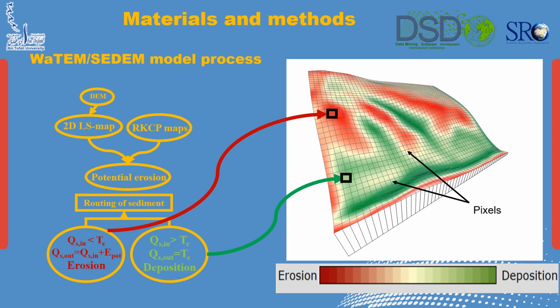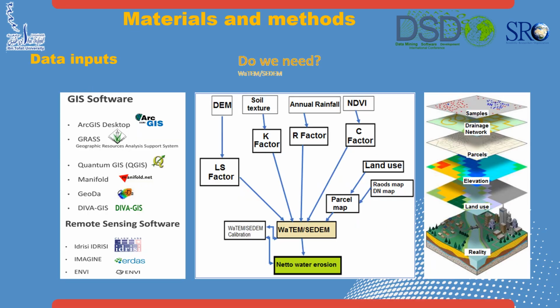So in the following landscape, the red pixels represent areas with erosion, and the green pixels represent the sites of deposition. In these figures, we explain the approach used by the WATEM-SEDEM model. This model requires factor maps and a DEM for extracting the LS factor.